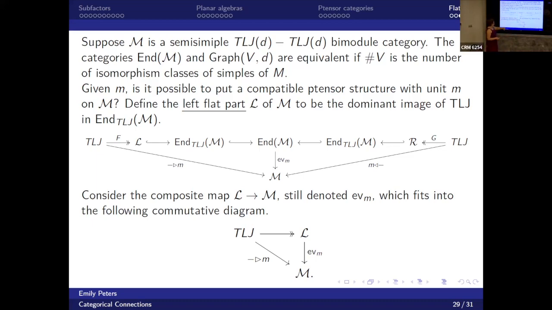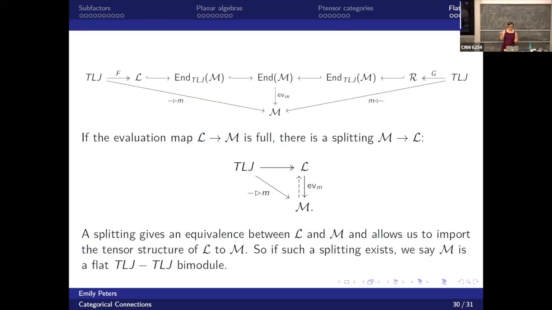And so if we zoom in on this little triangle here, TLJ, L, and M, then if the map from L to M is full, we have a splitting that goes in the other direction.